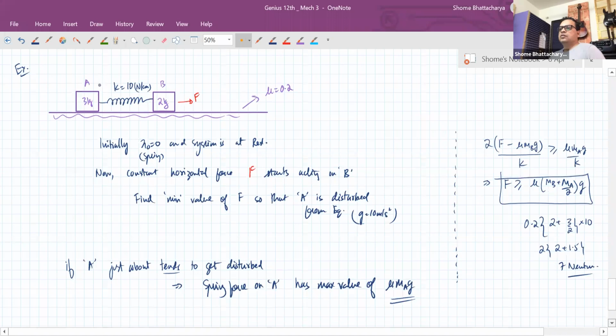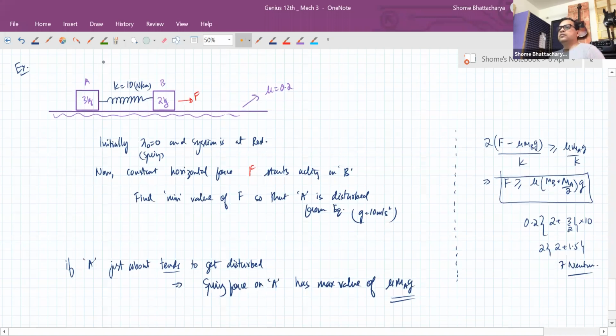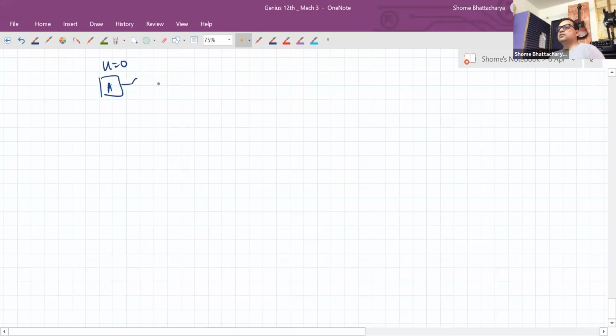So as you know, assume A is at rest. Initially B is also at rest. X naught is 0. Okay.